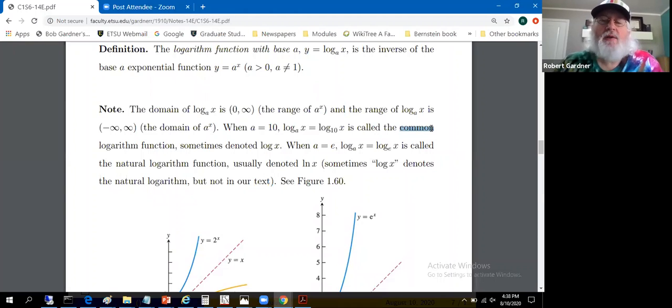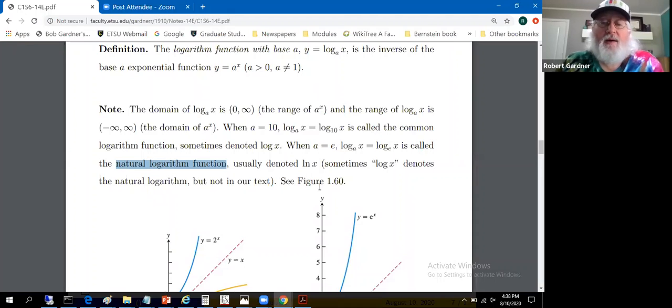If you're using calculus, you're going to use logs base e, and those are called natural logs. So when a equals e, the base of the natural exponential function we discovered in the last section, then log base a of x, that is log base e of x, is called a natural log function. In physics classes and engineering classes and math classes, when you discuss logs, they're very likely natural log functions.